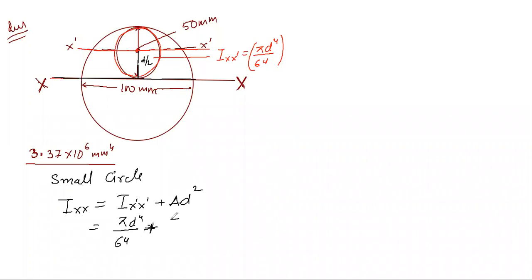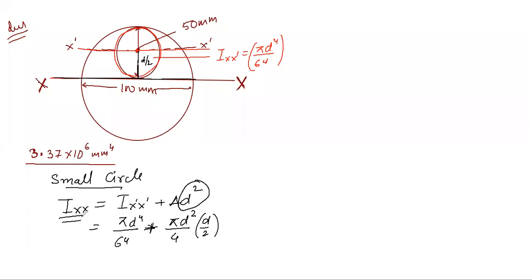Area can be defined as pi r square, right? So in terms of diameter, it can be written as pi d square by 4, right? And d, the distance here, it's not a diameter, distance d is defined as d by 2, right? So this is the moment of inertia of the smaller circle about the x axis, right?